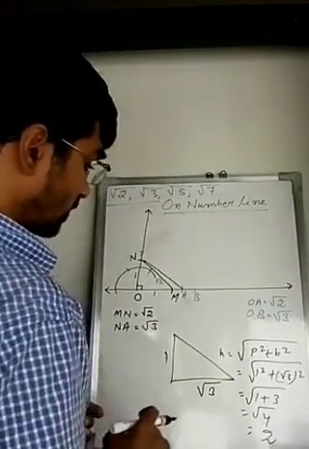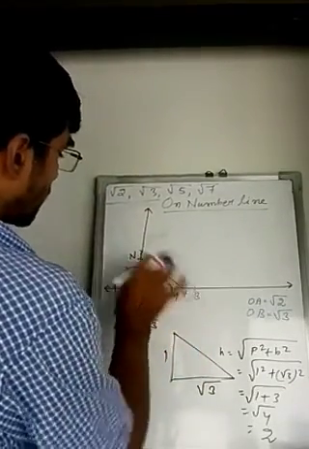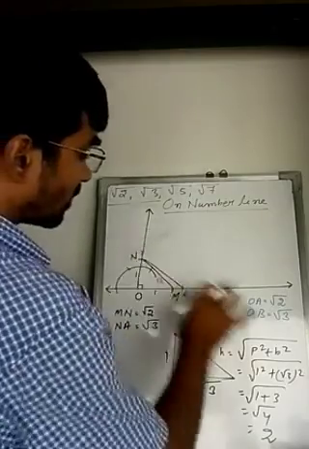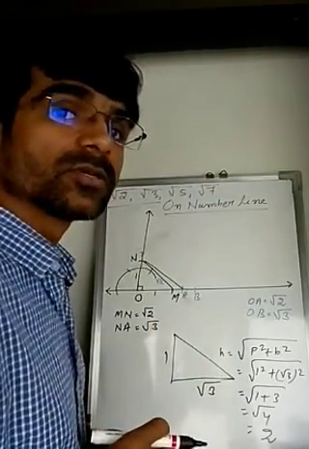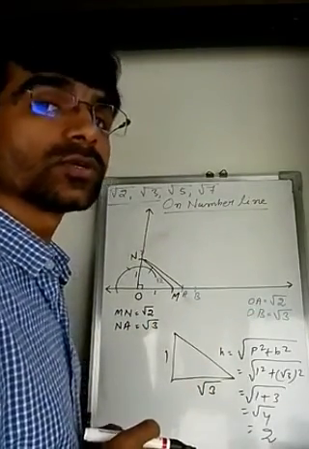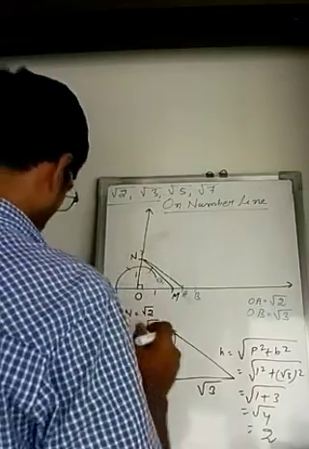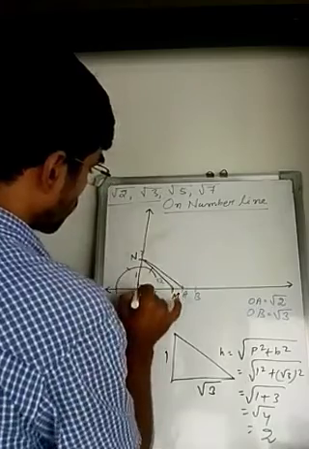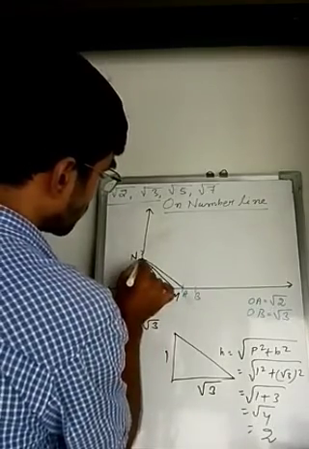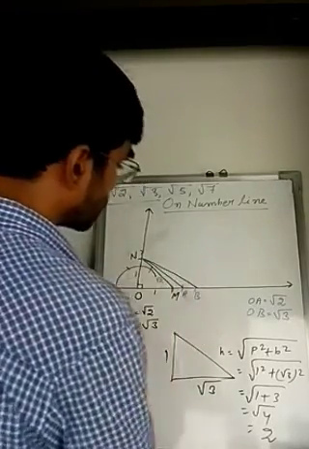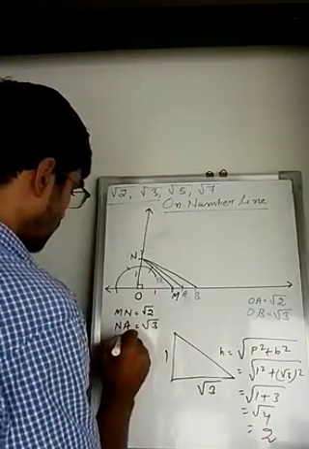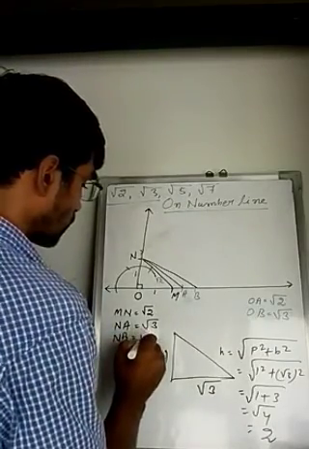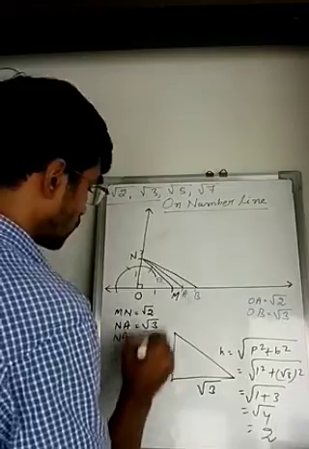If I take root 3 as the base and 1 as the perpendicular, then I will get the hypotenuse as root 4, that is 2. So simply, from O to B it is root 3, O to N it is 1, I will simply join NB. So I will get NB equals root 4, that is 2.